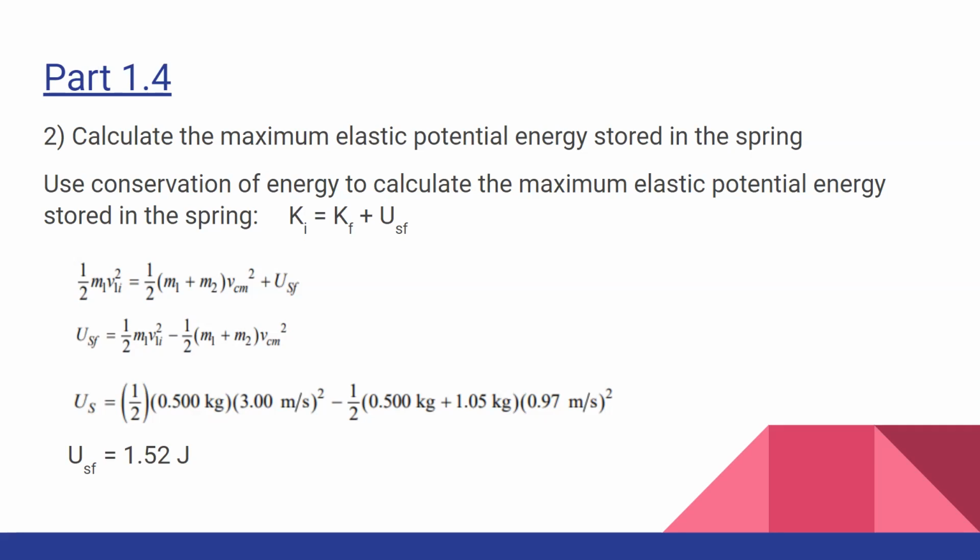So you just build your equation: Ki equals Kf plus Us. Since we know what Ki and Kf are, we were calculating those when we were demonstrating the elasticity of the collision, you could just use the same values and subtract. You get Us is approximately 1.52 J.